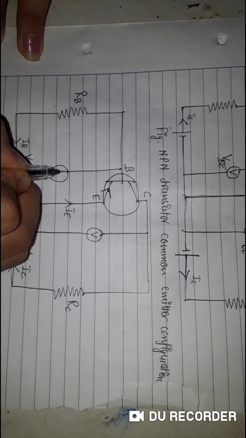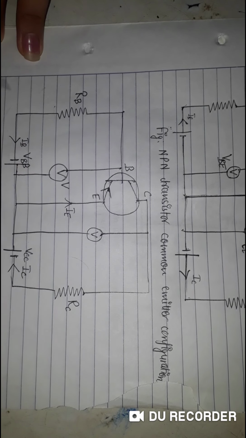So we'll draw a voltmeter here and here. This will be labeled as VEB because the positive terminal is connected to the emitter. So I wrote E here, and the negative terminal is connected to the base, so I will write B later on.